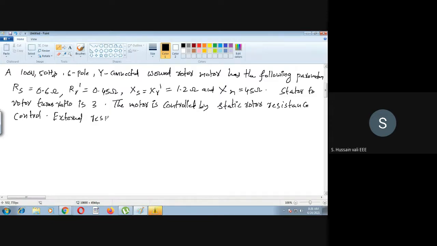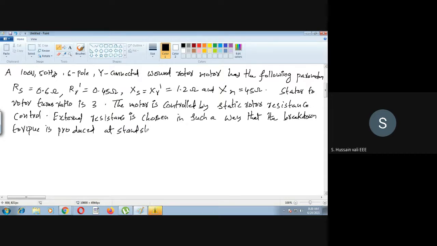External resistance is chosen so that the breakdown torque is produced at standstill for a duty ratio of 0.